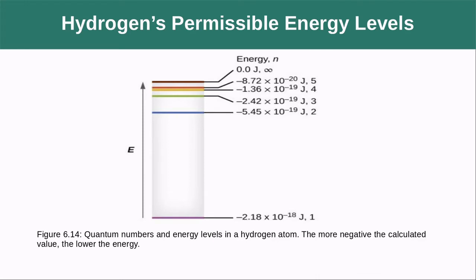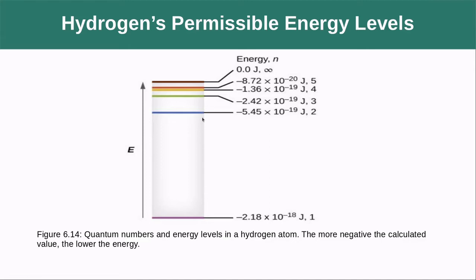So I want you guys to start to picture what it is I'm saying here. If you look here, this is the idea of the quantization of energy levels. What we're saying is that there are permissible energy levels and there's nothing in between those energy levels. So you could have a bottom energy level here that is negative 2.18 times 10 to the negative 18, right?